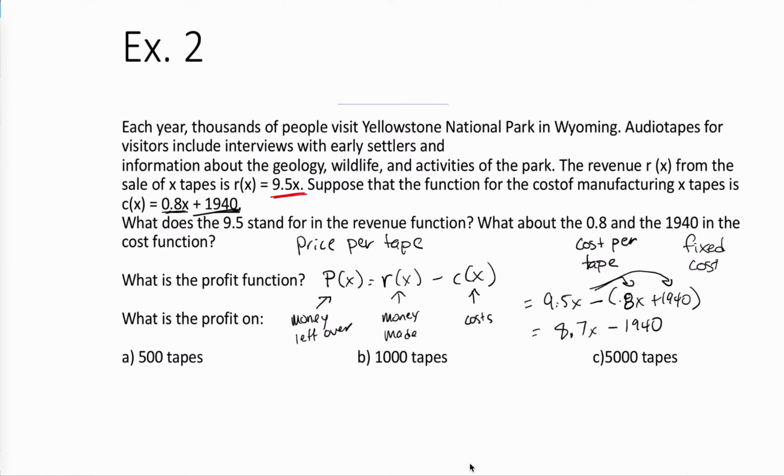So what is the profit on 500 tapes? Remember, what we just found is our profit function. So we can plug the number of tapes into the profit function to get the profit for that many tapes.